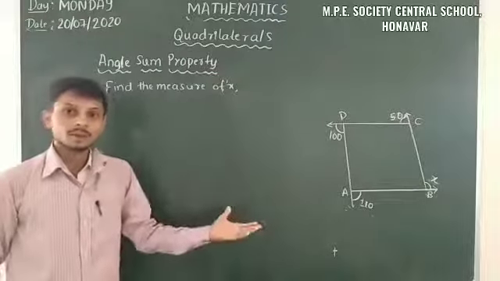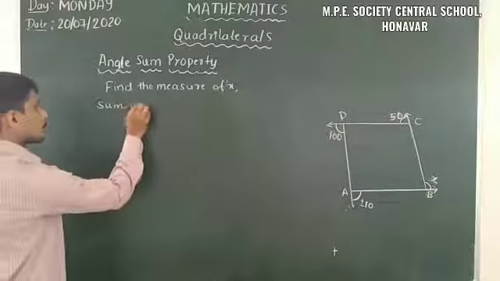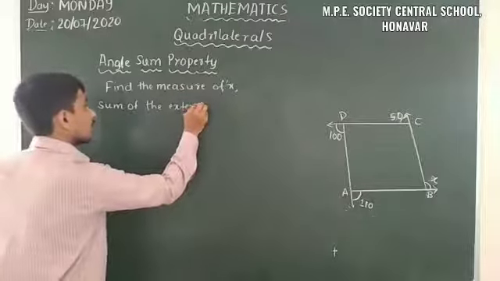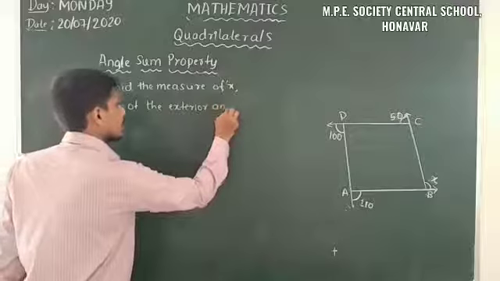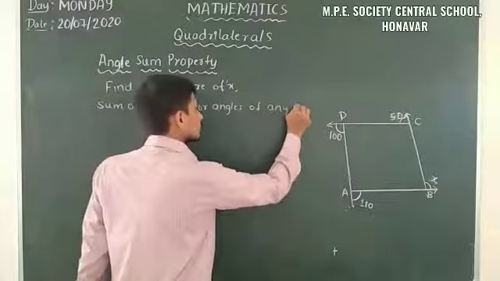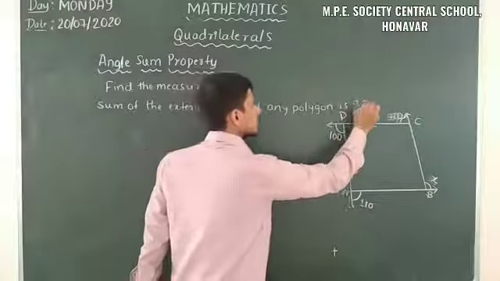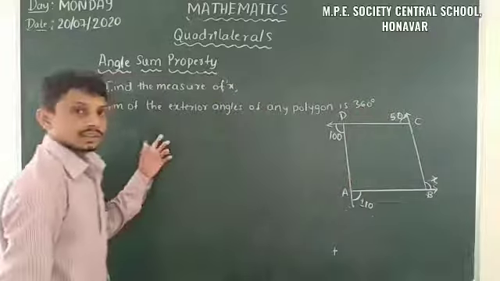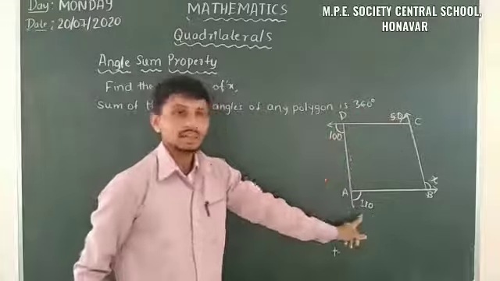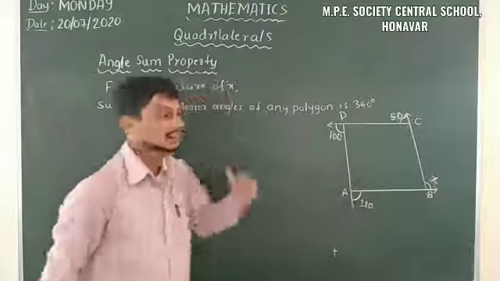The sum of the exterior angles of any polygon is 360 degrees. So that means the sum of all those angles, that is 100 degree, 110 degree, 50 degree and x, is 360 degree.